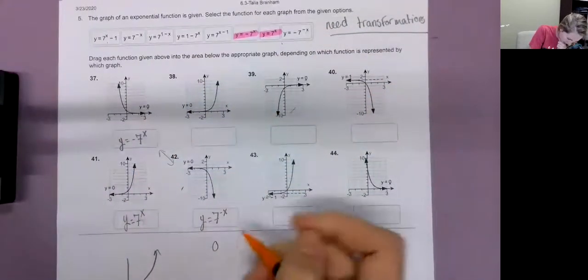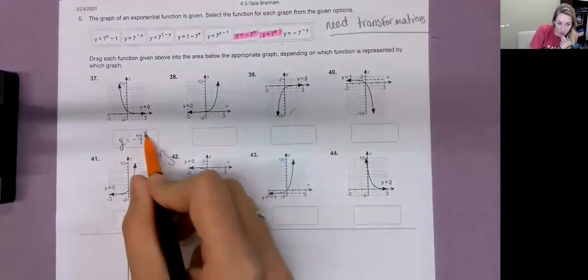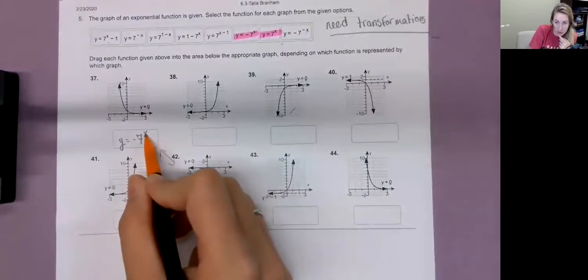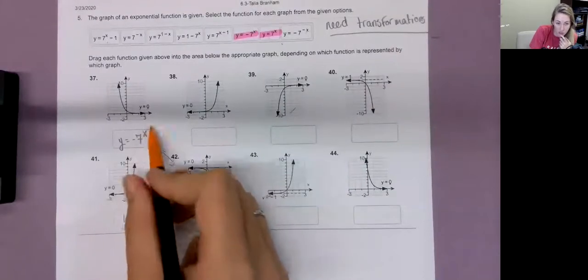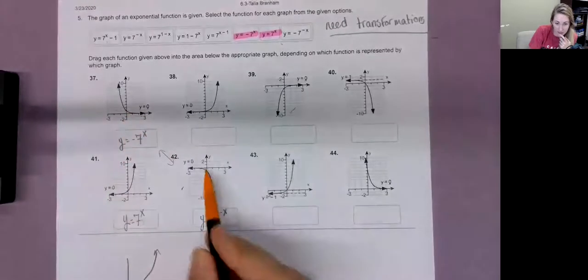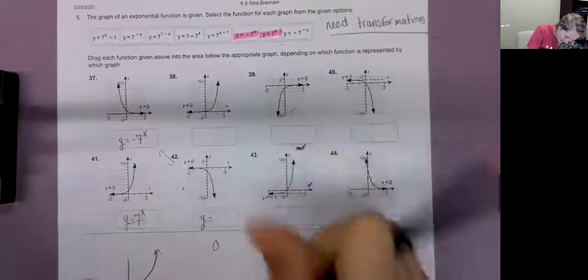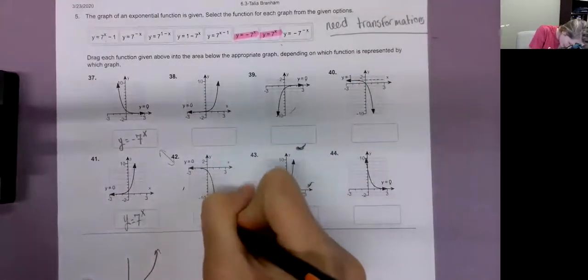If I put 0 in for x, I have negative 7 to the 0, which would be negative 1. So 0, negative 1 should be on this graph. And this one doesn't have it. This one does. So this one is our -7^x.